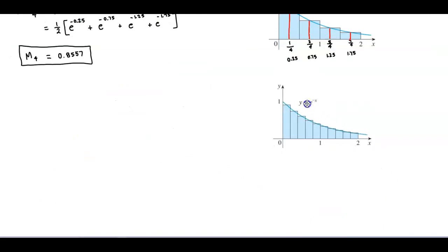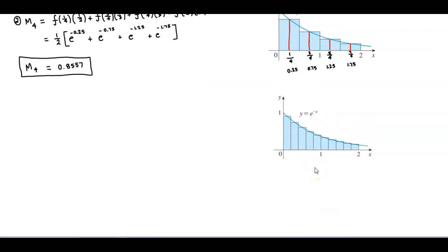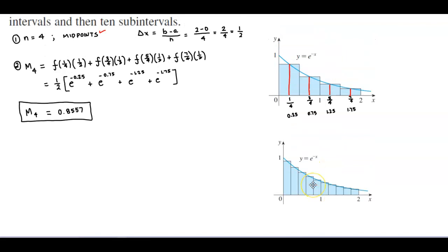Okay, so now let's go ahead and try the 10 subintervals. So here's our graph for the 10 subintervals. If we're going for the 10 subintervals, we know that n is going to equal 10, and we're going to use midpoints. So remember that delta x is going to equal b minus a over n. We know that b is 2, we subtract a, which is 0, and this is over 10.